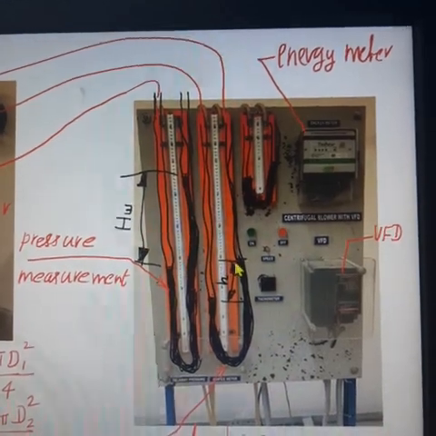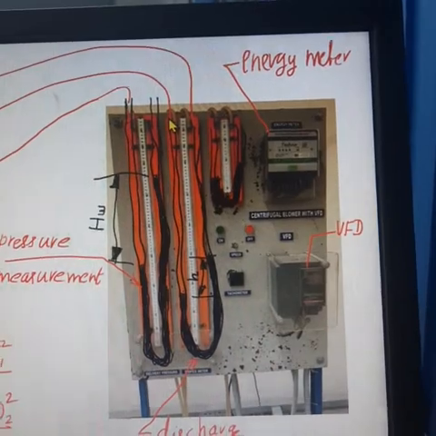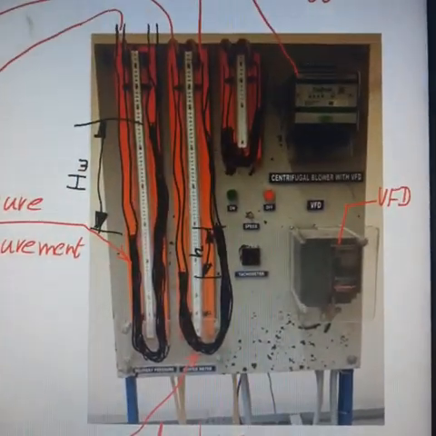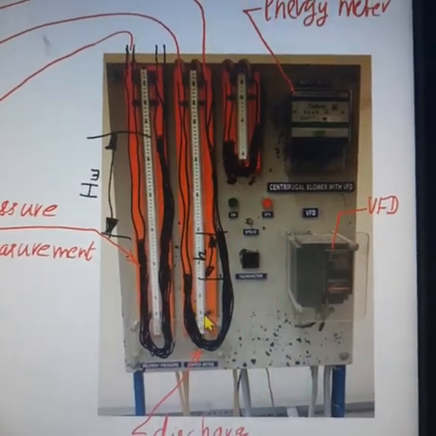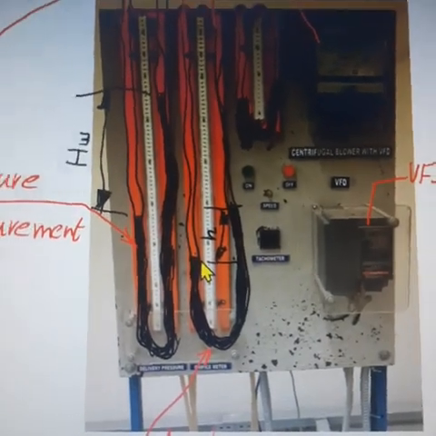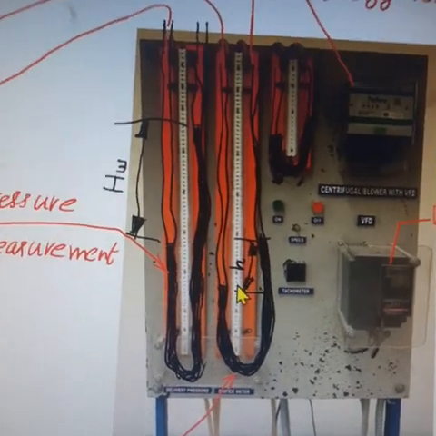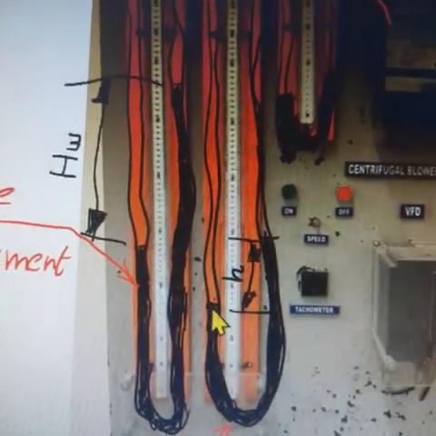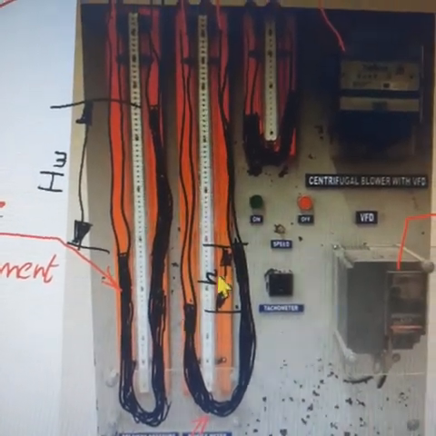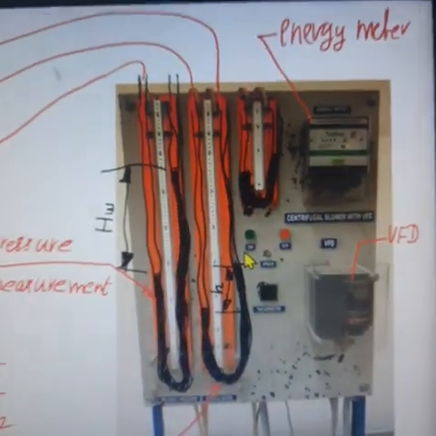Both ends are connected to the pressure tapping points fitted across the orifice meter. Here also water is used as the manometric fluid, and we measure the pressure difference across the orifice meter in terms of height of water column H. So H is the level difference of manometric fluid, which is used to measure the discharge.